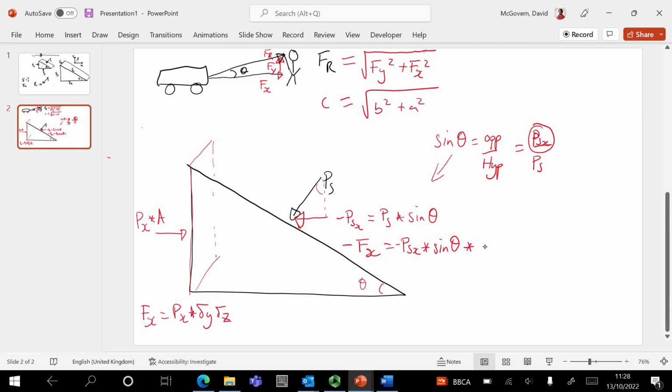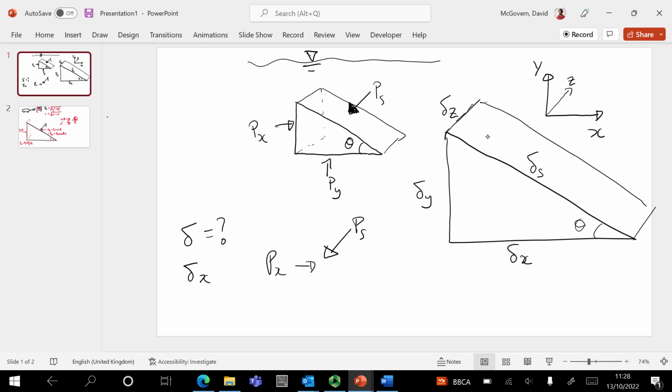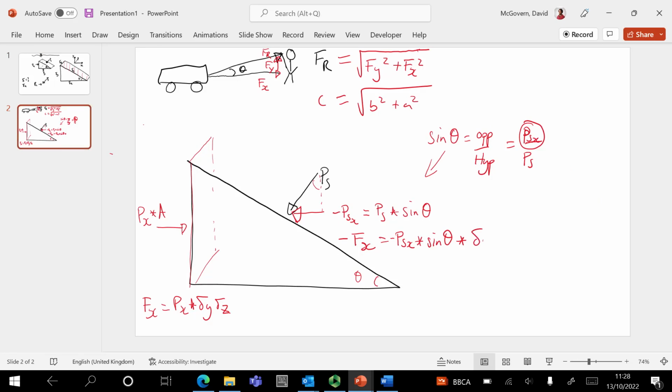Then that's multiplied by the area, which, going back to this one, is this area here, so delta z multiplied by delta x. Delta z, delta x. Alright, so we've got Fx and negative Fx. Now Pascal shows that those two cancel each other out, so Fx should equal negative Fx, but how? This one's got lots more to it than this one.